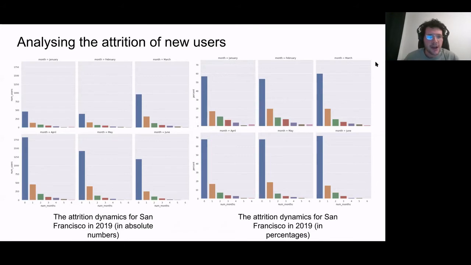For instance, both charts present 2019, and if we look at January 2019, the x-axis presents for how many months the user stayed after joining the platform. As we can see, 0 months is the highest value for all charts.